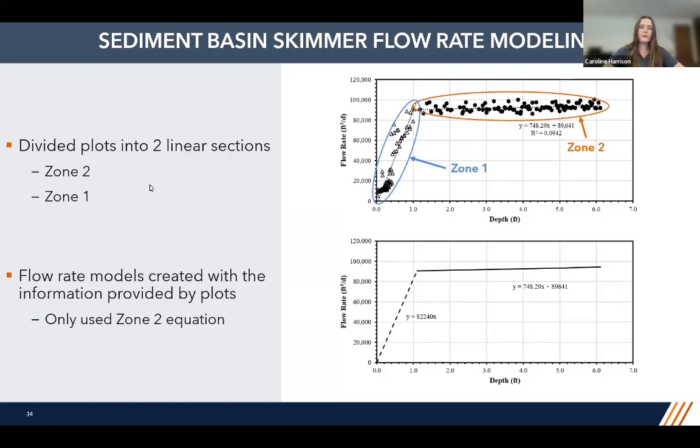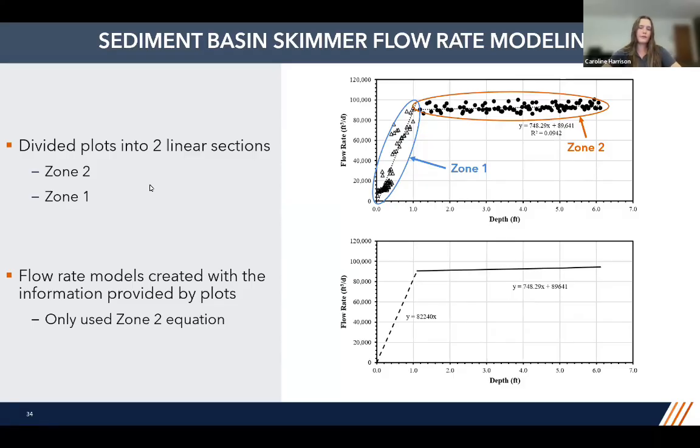Zone 1 reflects the section where that flow rate is sloped and decreases down to 0, and Zone 2 is the section that starts at the greatest depth until that distinct turn is observed, where the flow then transitions into Zone 1. That transition point between Zone 1 and Zone 2 was chosen arbitrarily for these, just for time and ease.